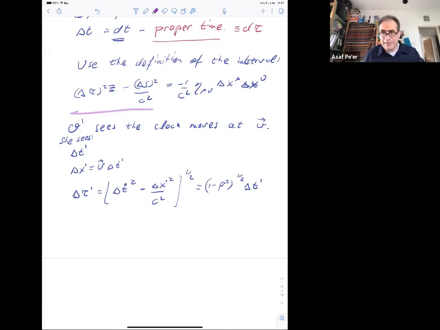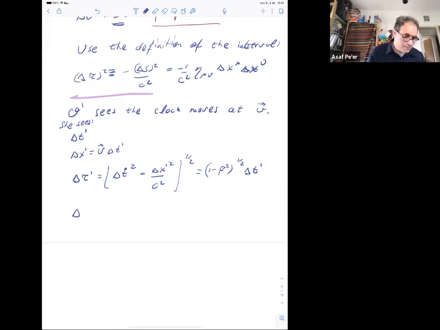And so delta s is conserved because the interval is conserved under Lorentz transformation. And so the proper time is invariant, right? So delta tau is equal to delta tau prime because the proper time is invariant.